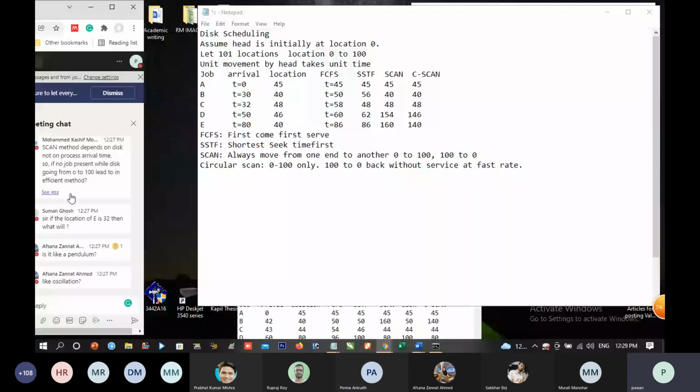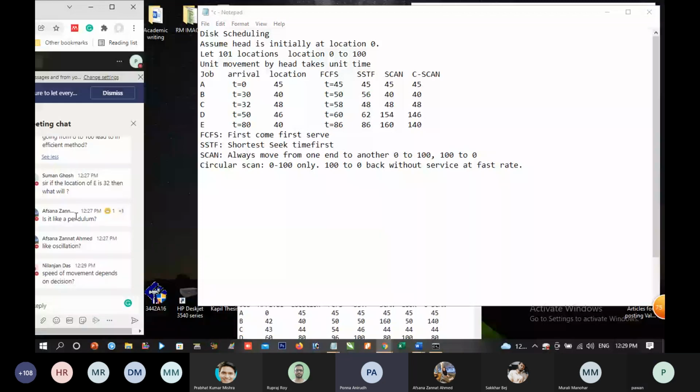It also depends upon the process arrival time. If the location of E is 32, in that case, service will be provided at 168 and 132 respectively.